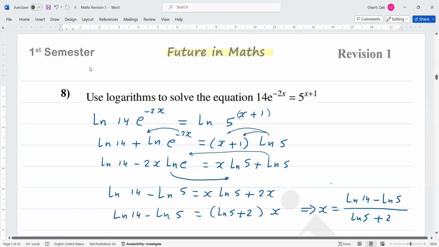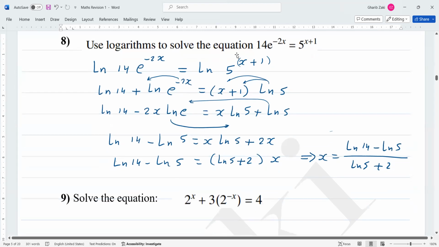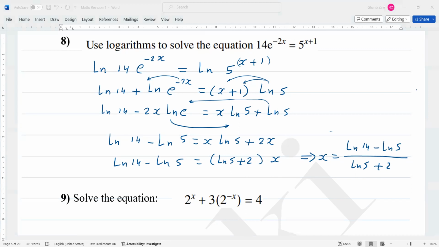So x equals 0.28. Yes? Yes, 0.285. Excellent. x equals 0.29 to 2 decimal places, I advise you.